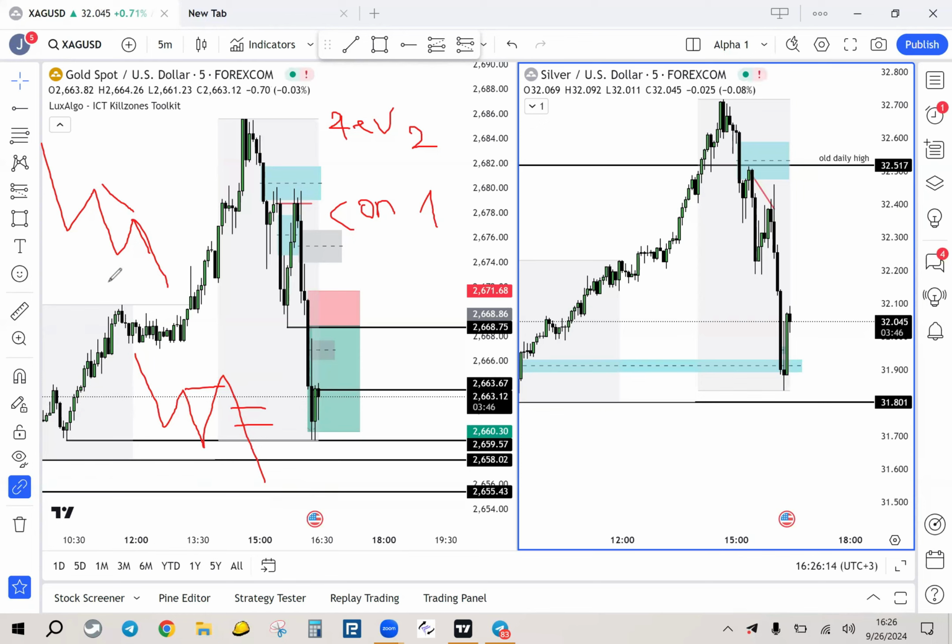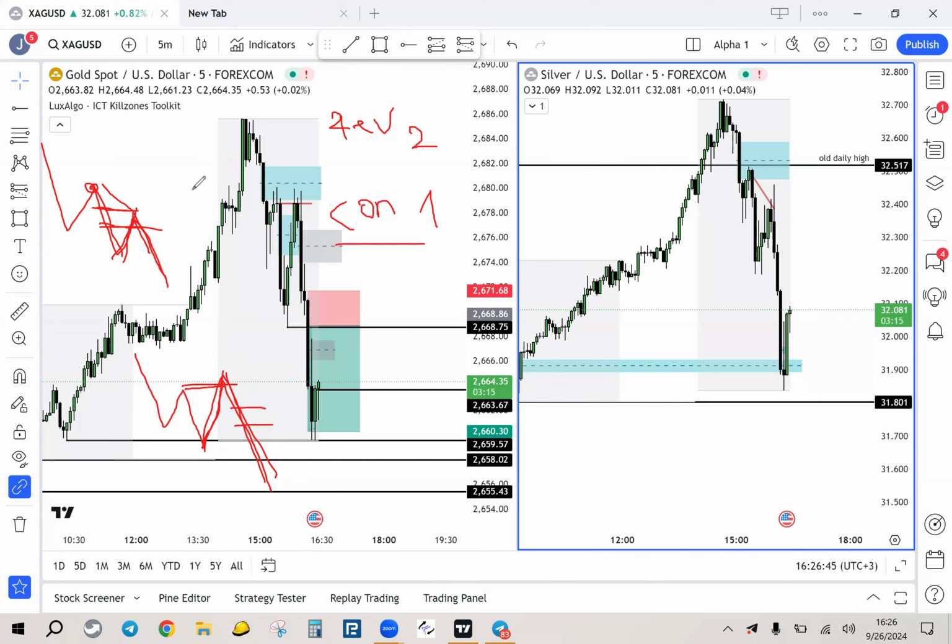What you do want is that as gold goes up into whatever fair value gap it might see in here, silver goes above the high on which gold, when it created that high, created your fair value gap. That's what you want to see: gold stopping into a fair value gap and silver sweeping liquidity. This is a continuation divergence.